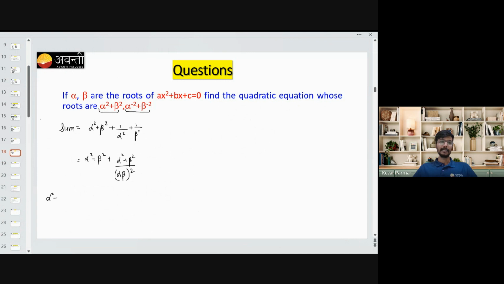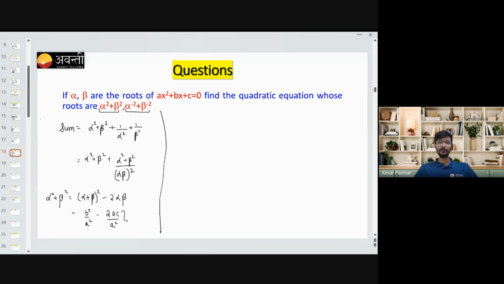Now, if you know the algebraic identities, alpha square plus beta square is (alpha plus beta) the whole square minus 2 alpha beta. What is the sum of the roots? Minus b by a, minus 2 into c by a.